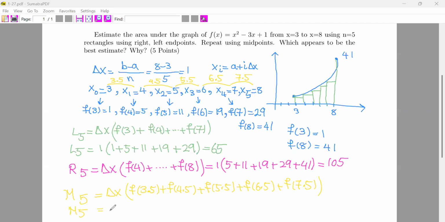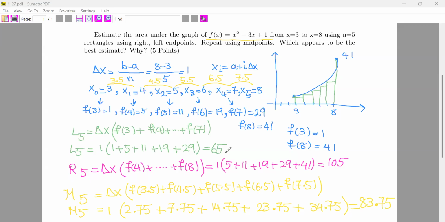M sub 5 will be 1 as delta x, and if you plug these numbers into the original function, you get 2.75 plus f of 4.5 will be 7.75, f of 5.5 will be 14.75, f of 6.5 will be 23.75, and the last one, 34.75. Altogether, using a calculator, you get 83.75.